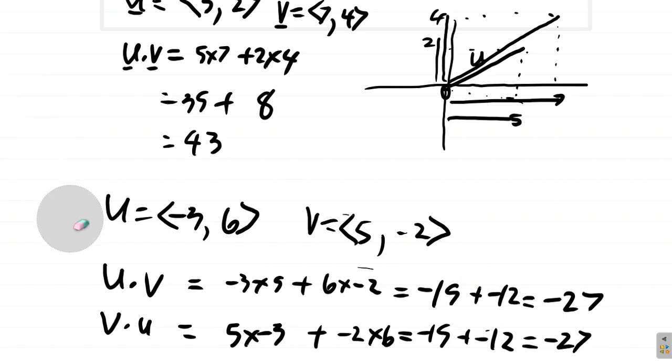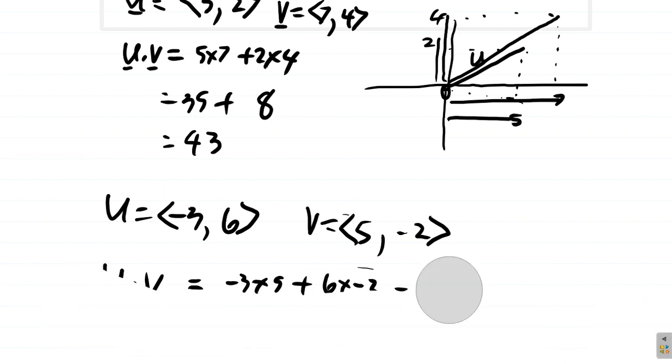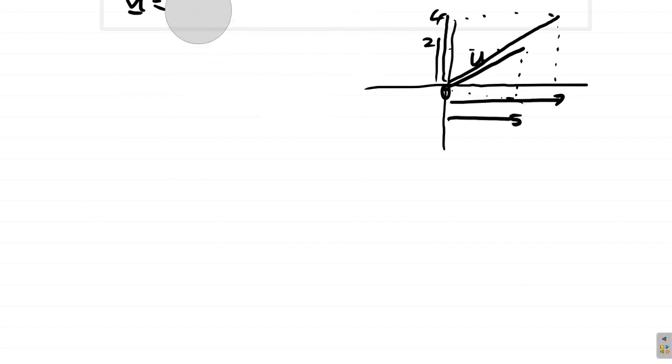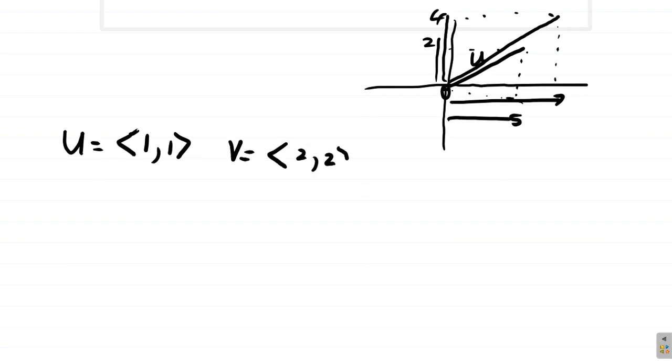Now, let's do another example. Suppose, oh, let me erase this too. Suppose you have a vector u equal to 1, 1. And the vector v is the vector 2, 2.